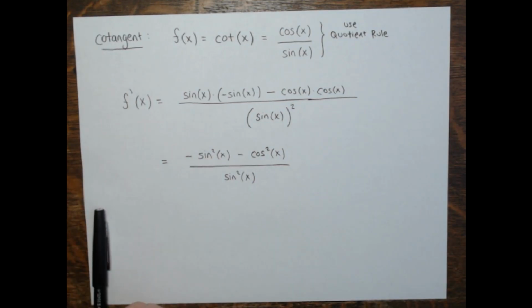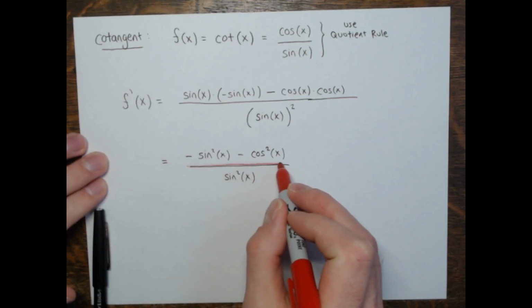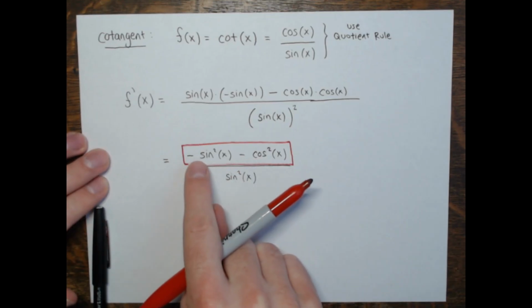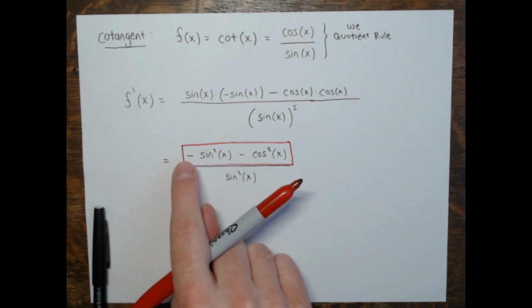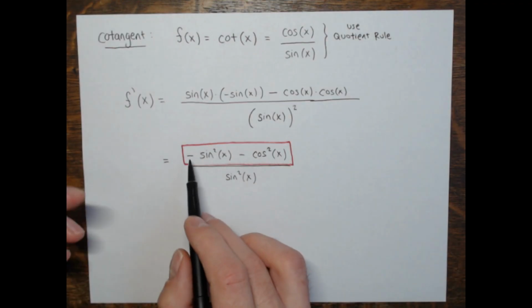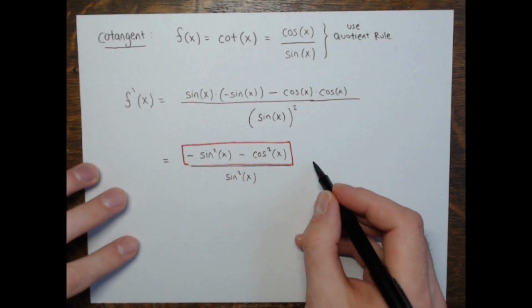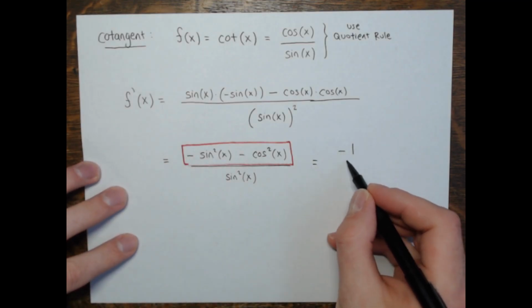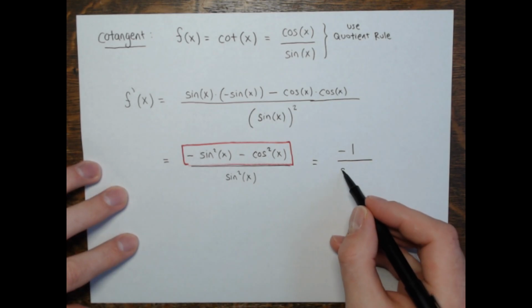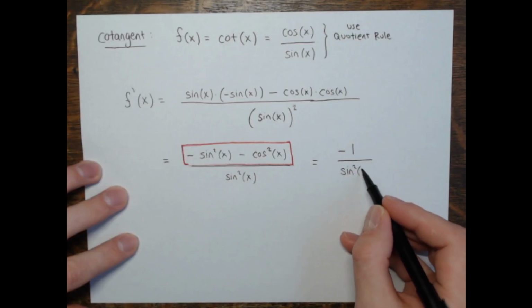Now this expression up top is always -1, or if you were to factor -1 out, then you'd have sine squared plus cosine squared, which is always 1. So you have -1 in the numerator all the time, no matter what x is. And the denominator is sine squared.